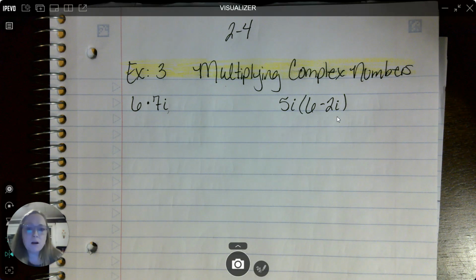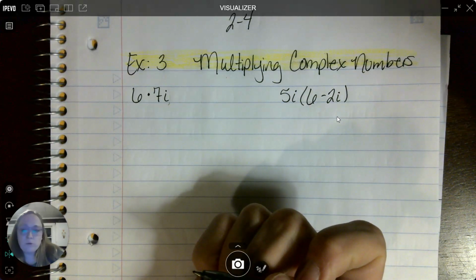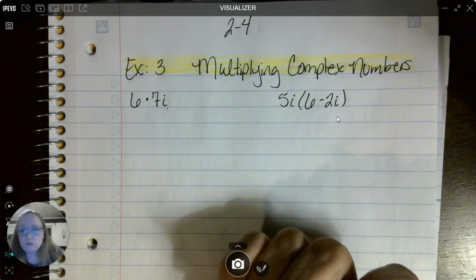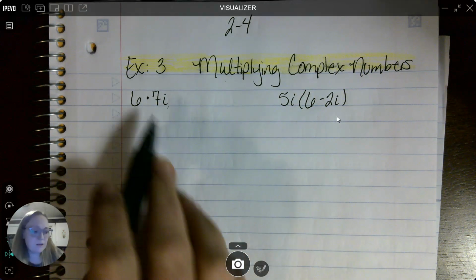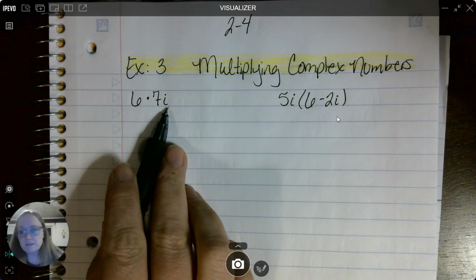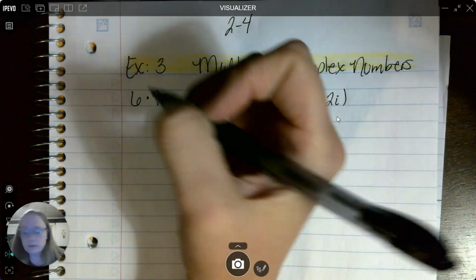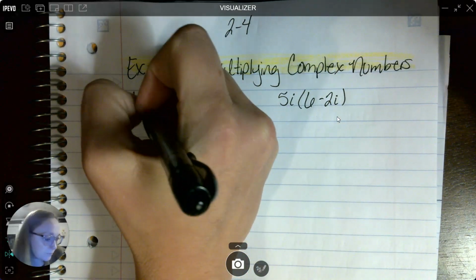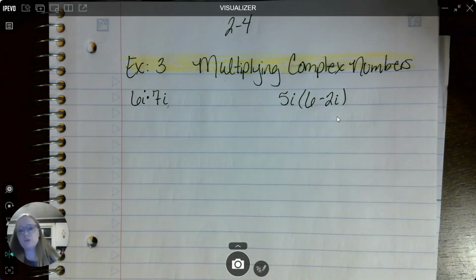Okay, multiplying complex numbers. We multiply complex numbers the same way we would if it was just two terms with a variable, just like 6 times 7x. Or we could even put another i here, like 2x times 3x, which would be 6x squared.